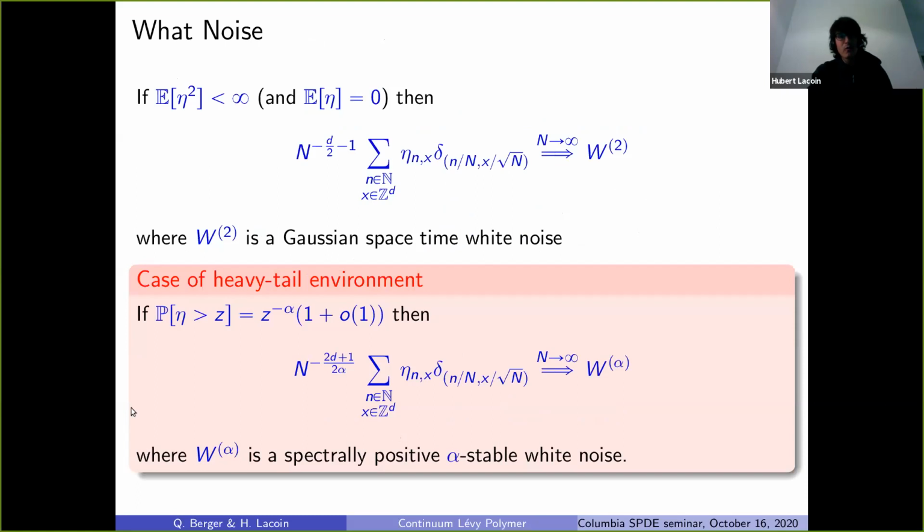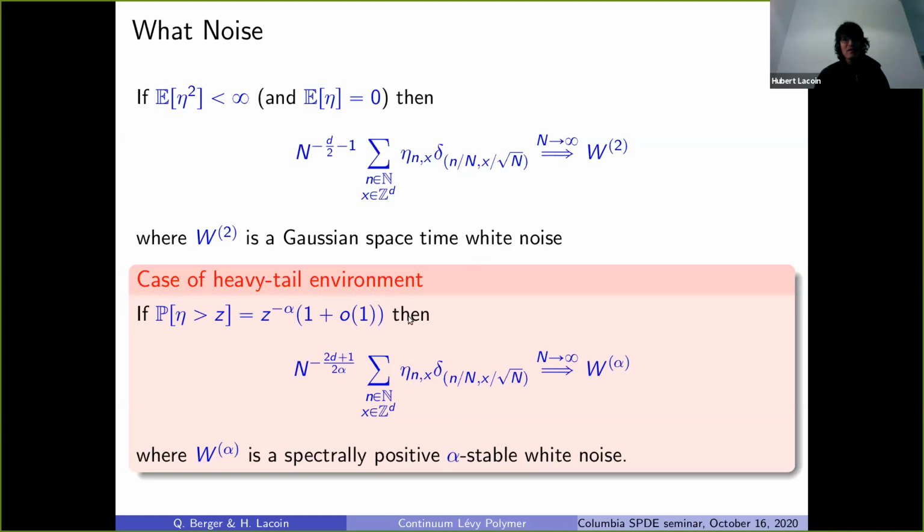When the second moment of eta is finite, the right thing to consider is Gaussian white noise, because if you consider eta as a distribution, so if you place on each site a Dirac mass with intensity eta x, and you rescale things properly, you will converge to a Gaussian space-time white noise in some Sobolev space.